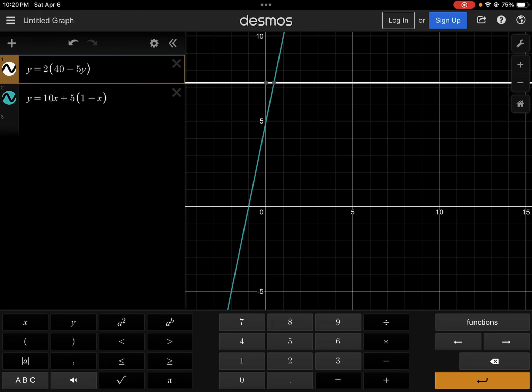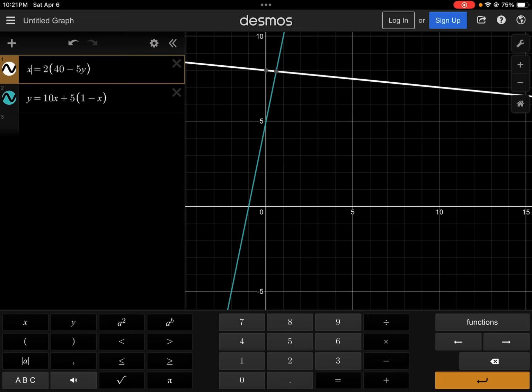It's confused, it doesn't know what it is. If you want to maintain the y though, you have to put x equals there. It may look different, but if you do the same thing on the other one, then you'll get the correct answer.